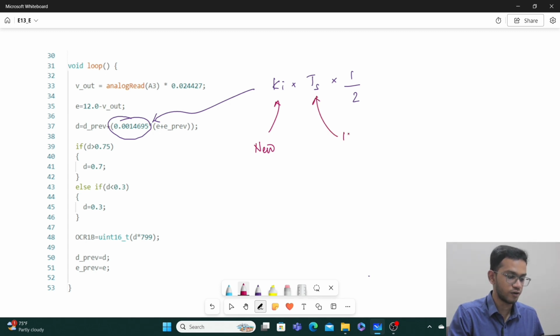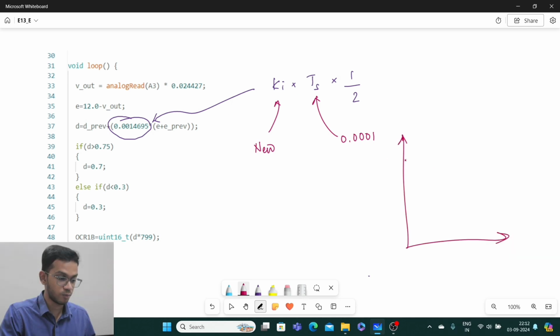be 100 microsecond. Earlier the value of Ts would have been 0.0005, that is 50 microsecond, but now it should be 100 microsecond. Please change these values. Now your difference equation is perfect. It is adjusted for computing the area of the rectangle properly.